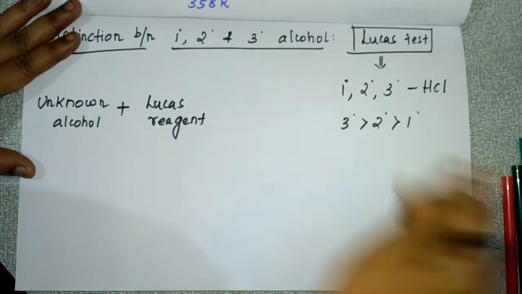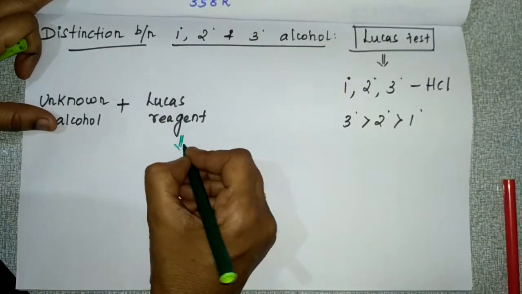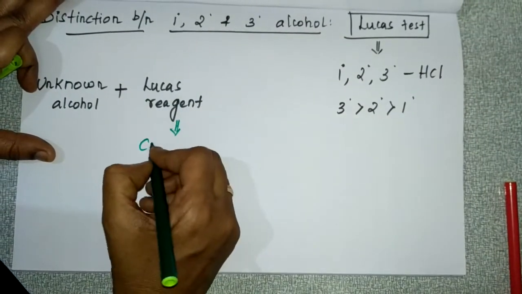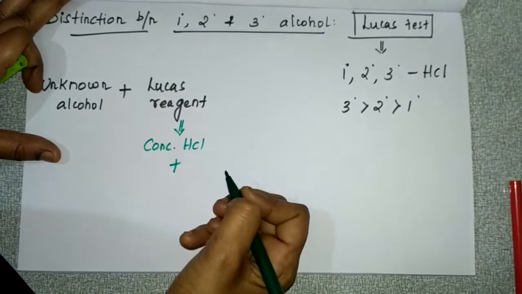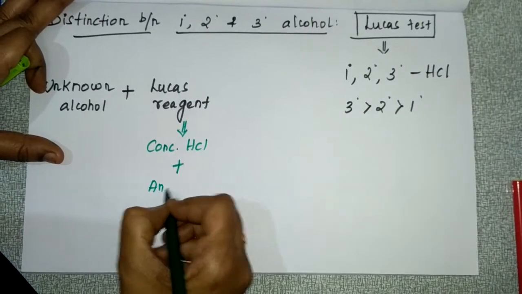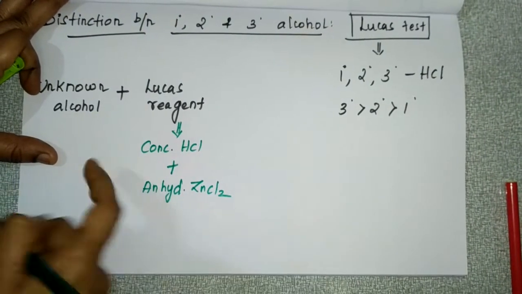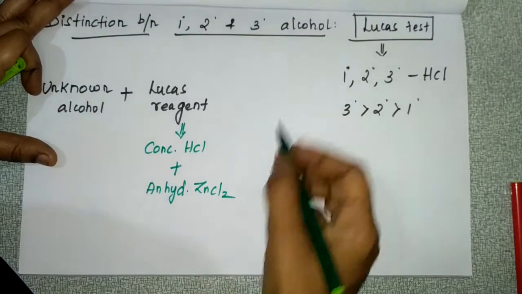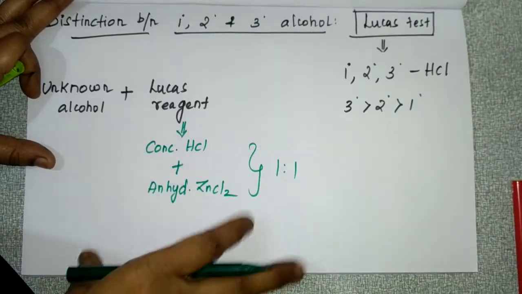So what is this Lucas reagent? It is a mixture of concentrated hydrochloric acid and anhydrous zinc chloride, and the ratio of this is 1:1. So this is what Lucas reagent is.